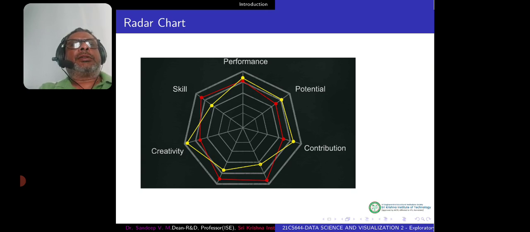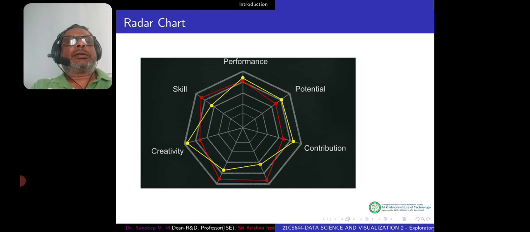So each parameter is one corner of a polygon. So because there are 7 parameters, we have used a heptagon, and the size of the heptagon talks about the value of that particular parameter.